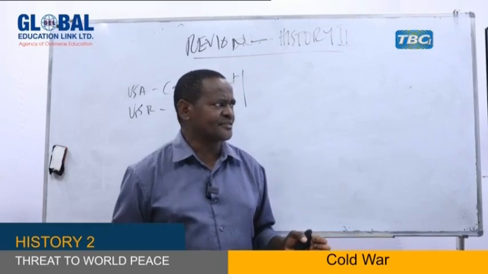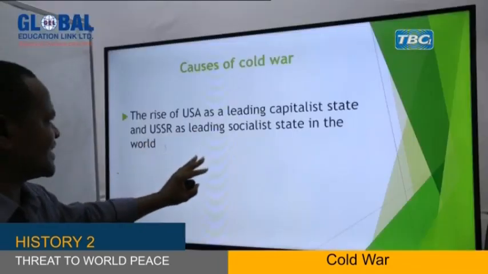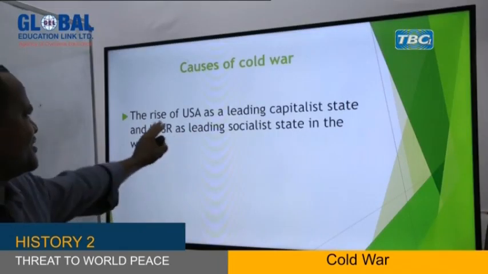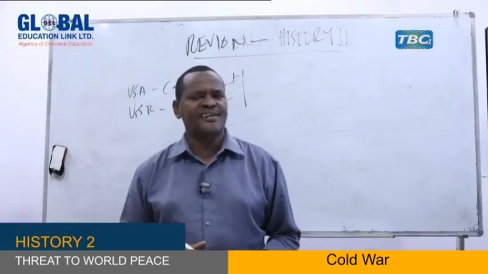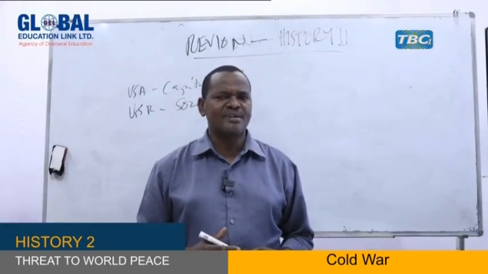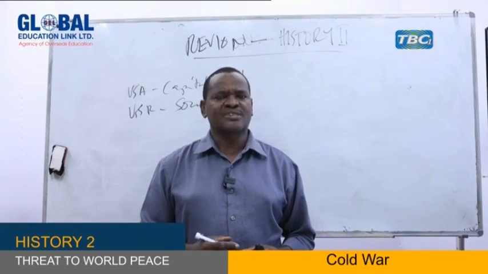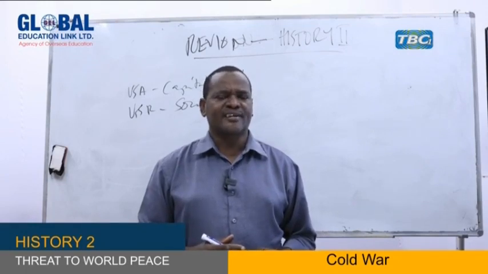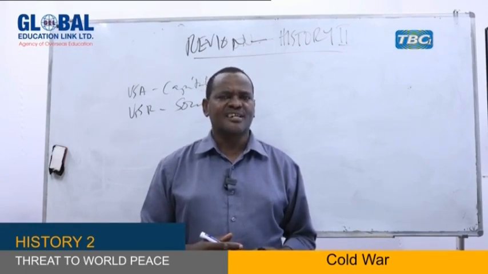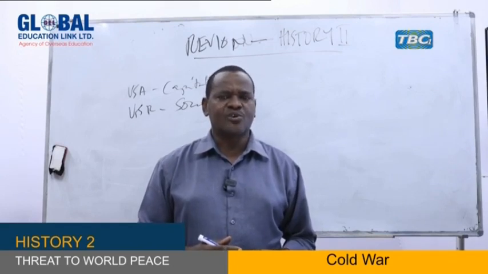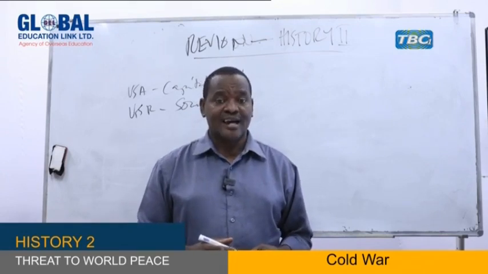So, my dear students, it is because of this that tension increased. The USA even went so far as to assume the role of policeman of the world, feeling they had the responsibility to interfere in whatever affairs occurred anywhere in the world. The same applied to the Soviet Union.